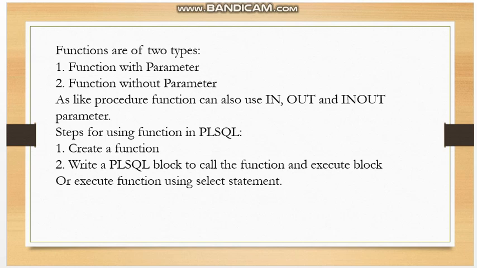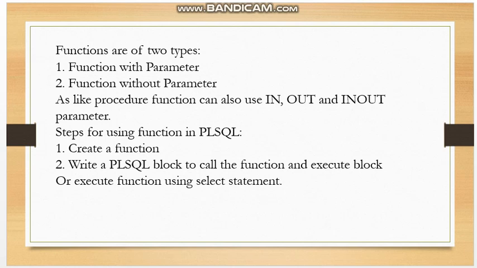Whenever we are creating a function, again there are two steps: one is the creation of the function, and second the execution of the function, as we already studied in the previous procedures topic.